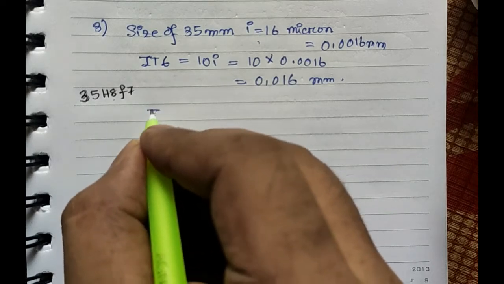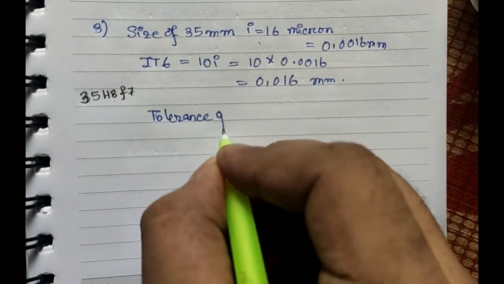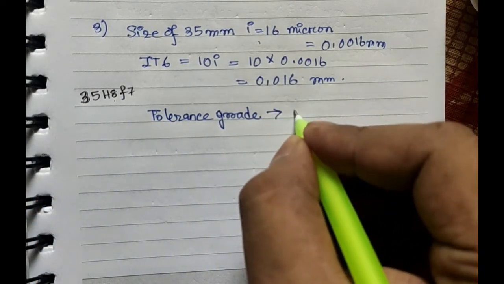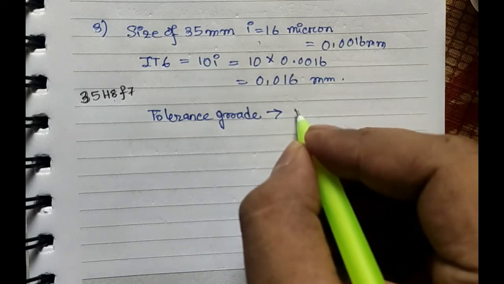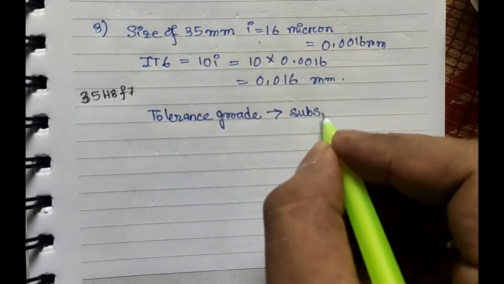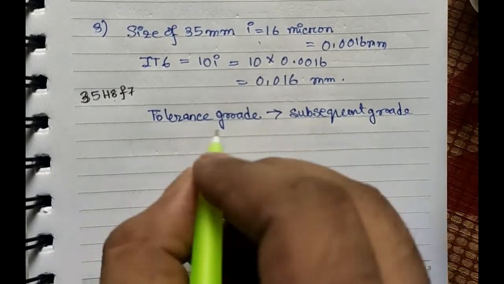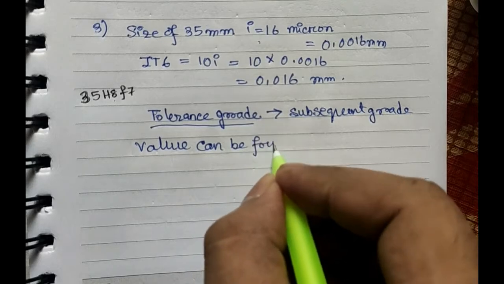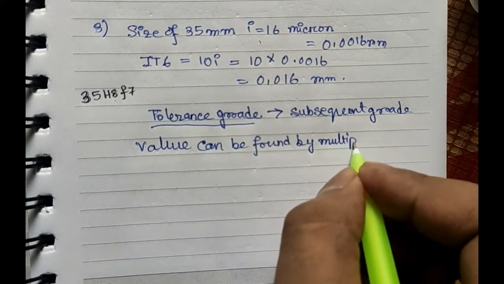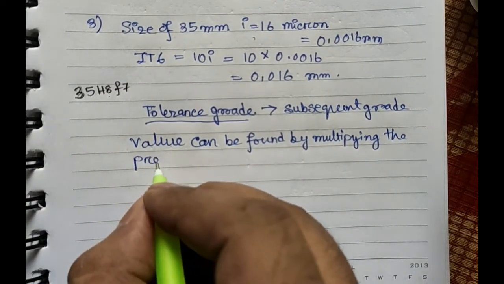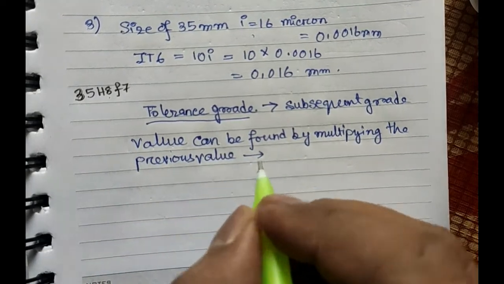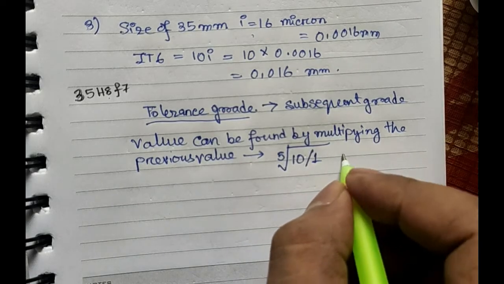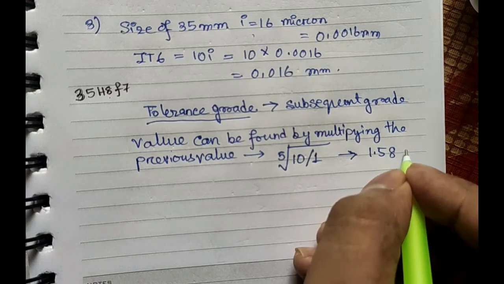The subsequent grade value can be found by multiplying the previous value with this constant term, that is the fifth root of 10, which becomes 1.5849.